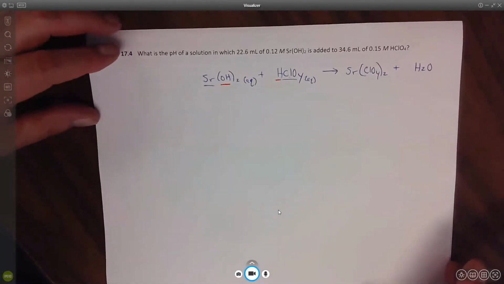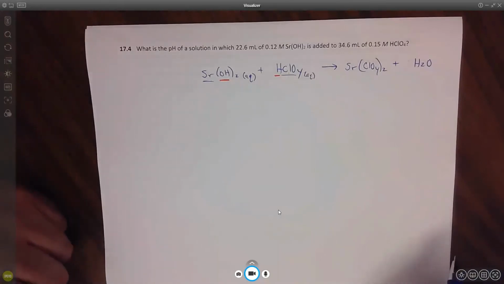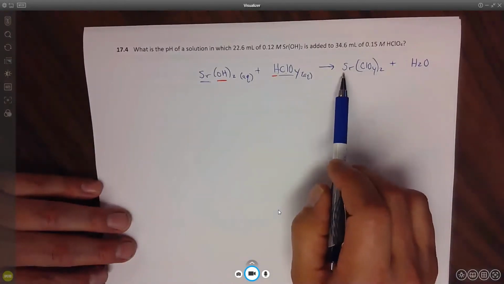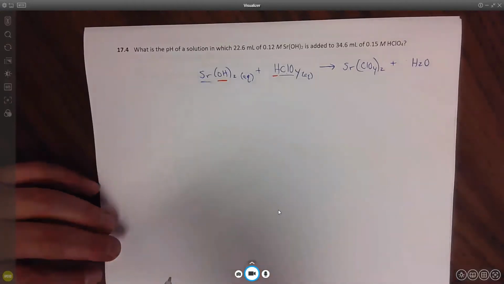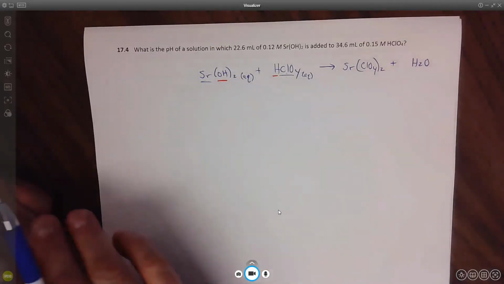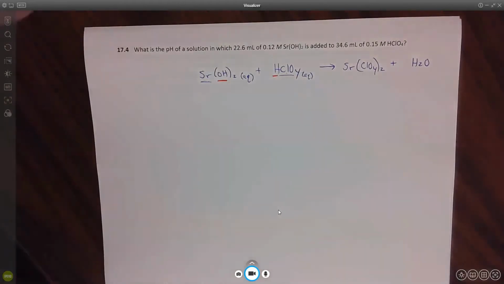That's aqueous because it's a salt. Well, okay, I agree with you that it is a salt, right? It's ionic, it's not an acid, it's not a hydroxide base, it is not a metal oxide, therefore it's a salt. But salts don't necessarily have aqueous, right? They can be aqueous or solid.